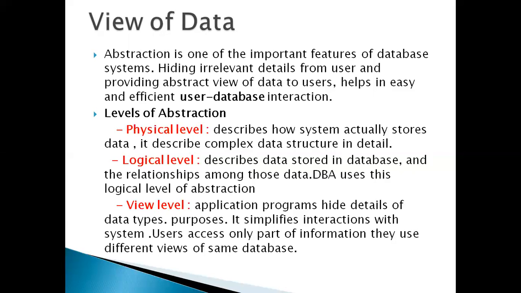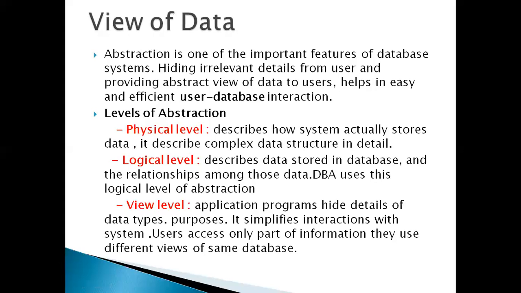Now here we are going to see the levels of abstraction. There are three levels of abstraction: physical level, logical level, and view level. First we'll see the physical level. Physical level is the bottom level. It describes how the system actually stores data.